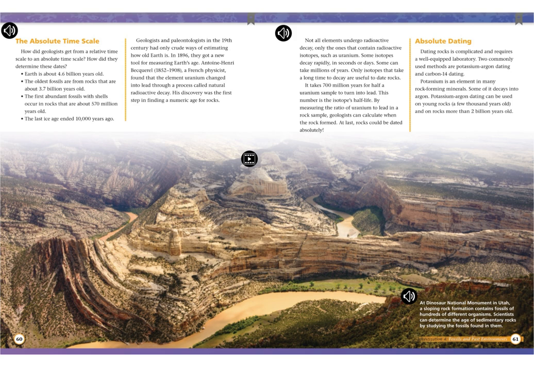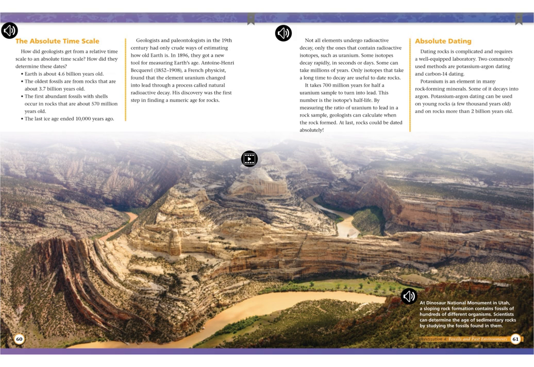It takes 700 million years for half a uranium sample to turn into lead. This number is the isotope's half-life. By measuring the ratio of uranium to lead in a rock sample, geologists can calculate when the rock formed. At last, rocks could be dated absolutely.